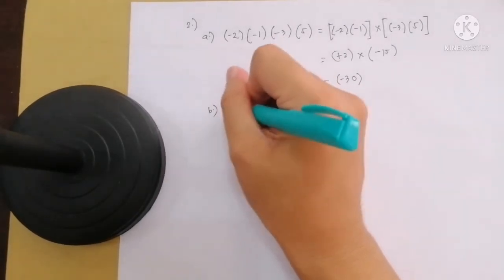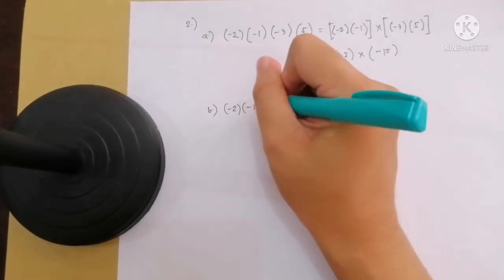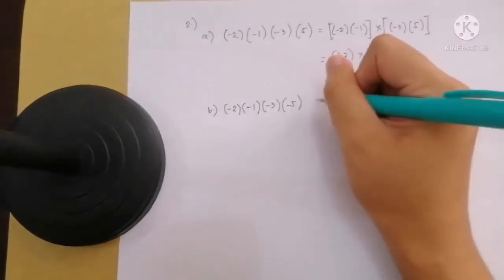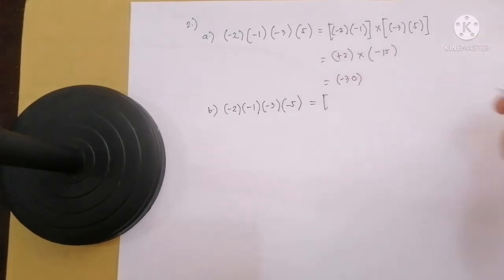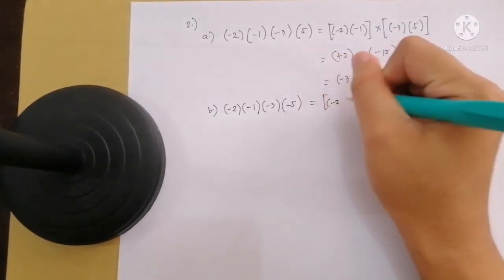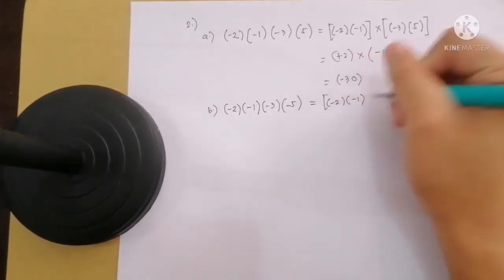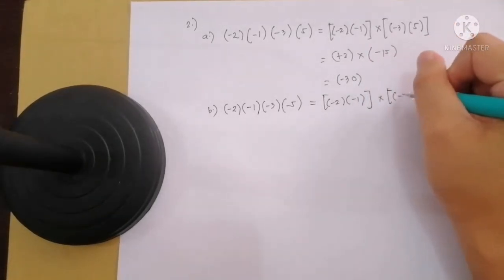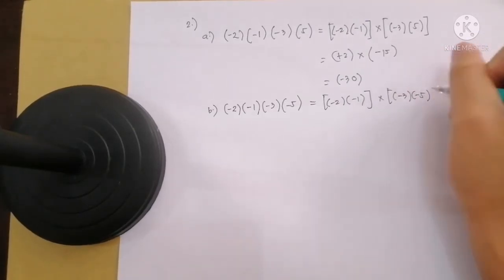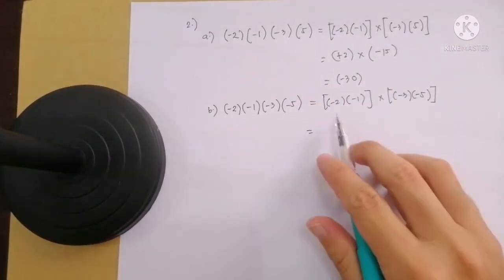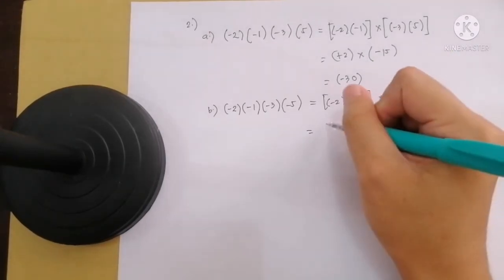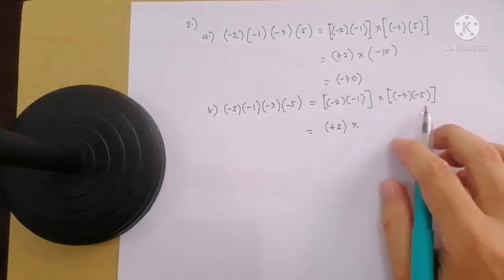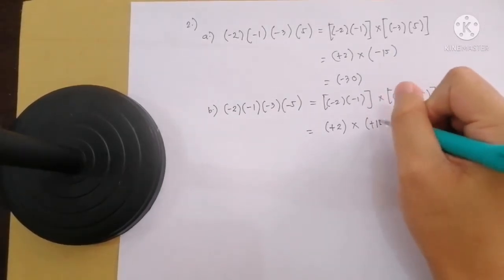We have here negative 2 times negative 1 times negative 3 times negative 5. Now let us try to group them into pairs. We have negative 2 times negative 1, and another group, negative 3 times negative 5. Now, one by one, negative 2 times negative 1 is equal to positive 2, and negative 3 times negative 5 is equal to positive 15.